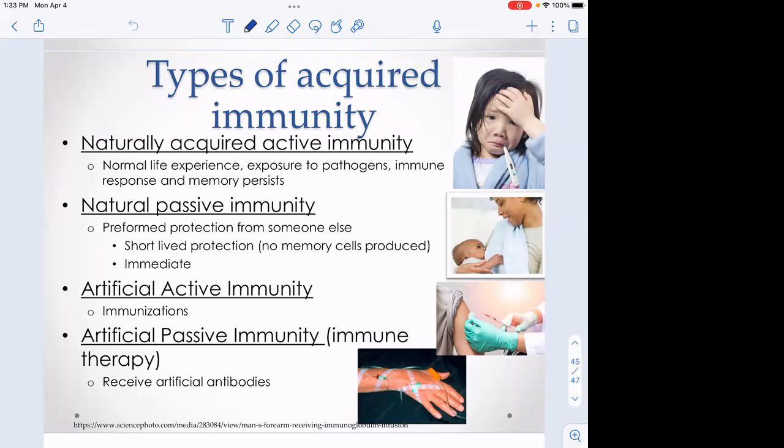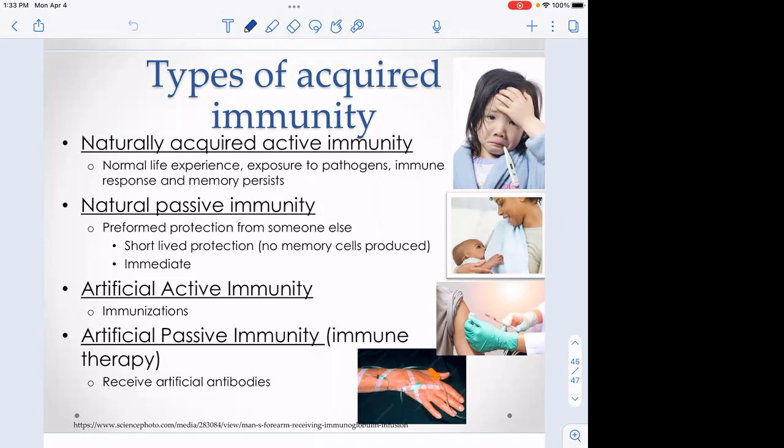So at the end of chapter 16, it talks about how we acquire immunity. This is just a little bit of terminology that you hear. They put two different terms together and switch those terms around. Sometimes it's a little bit confusing, but these are the 4 ways that we describe how we can acquire immunity to some infection.